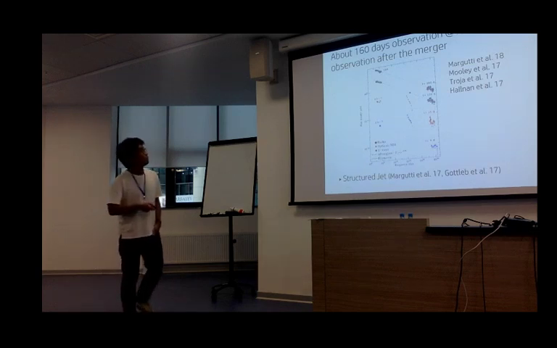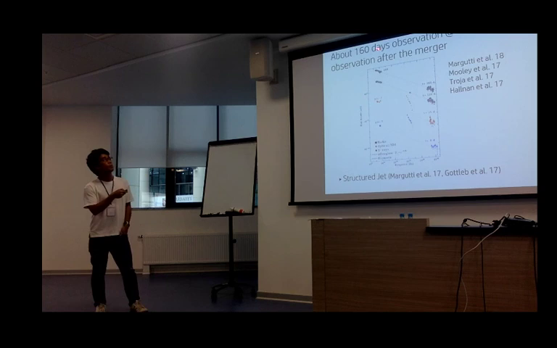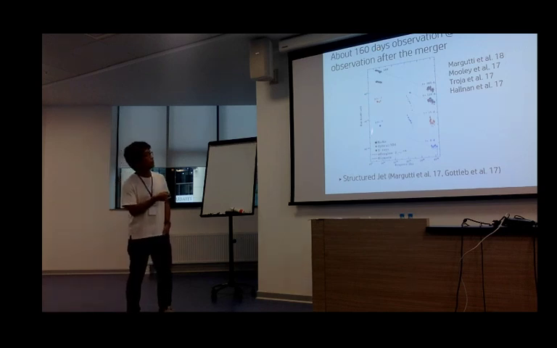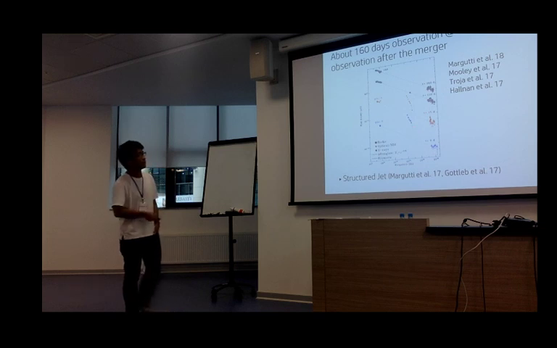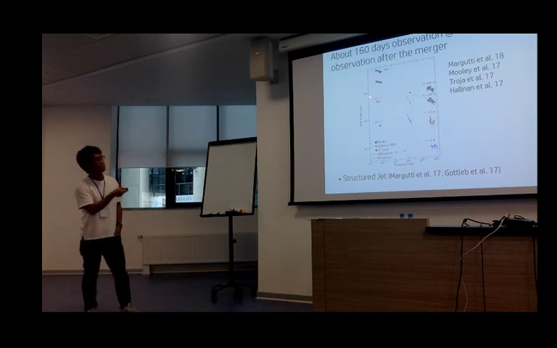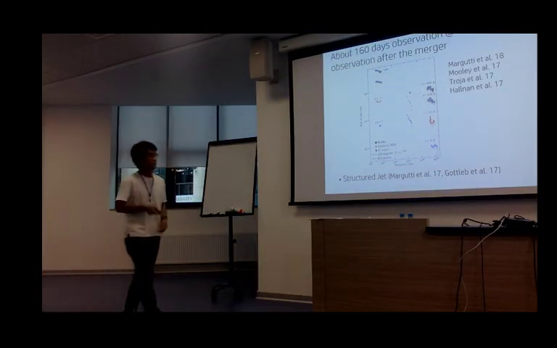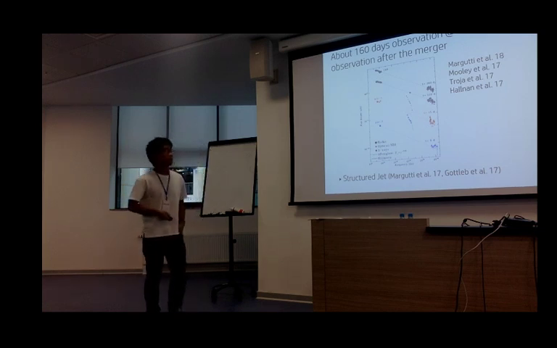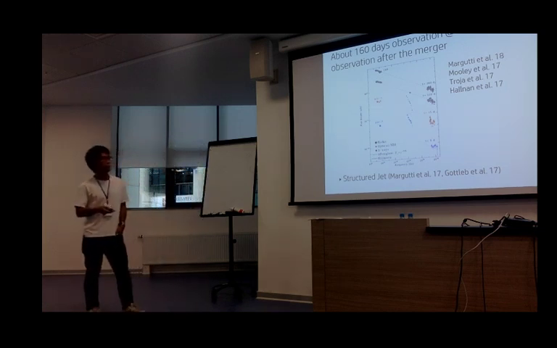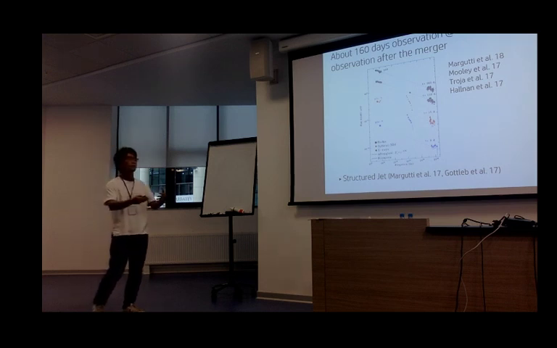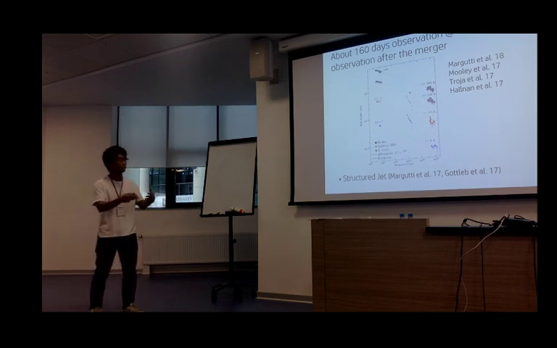And the final one is a long term, about 160 days of observation in radio and X-ray. Here is the spectrum, frequency versus flux, at the radio, optical, and X-ray bands at 9 days, 15 days, 108 days, and 160 days. This spectrum is nicely fitted by the standard synchrotron afterglow model, because the matter is ejected from the system.